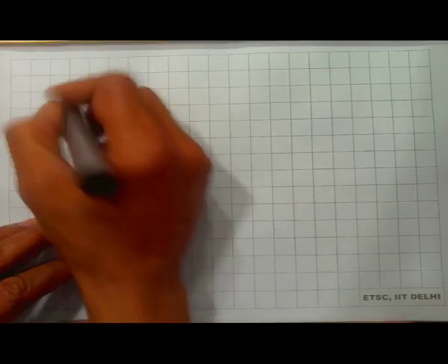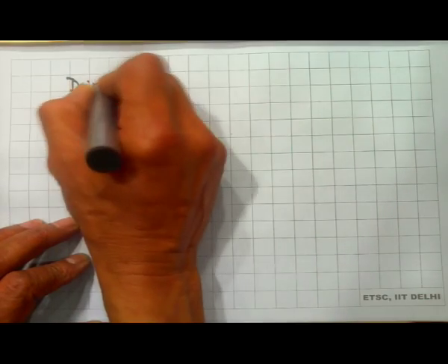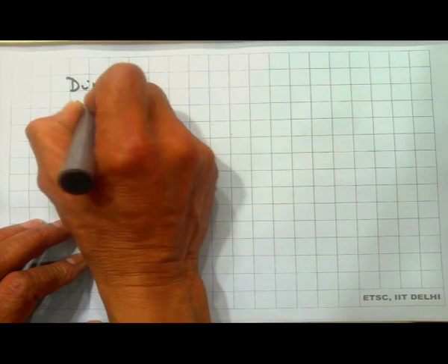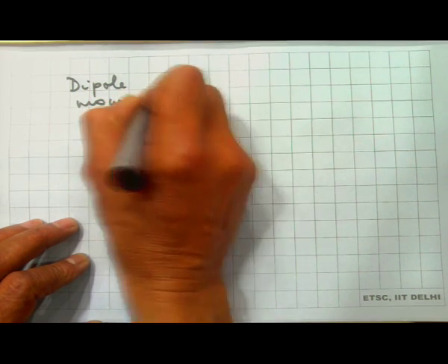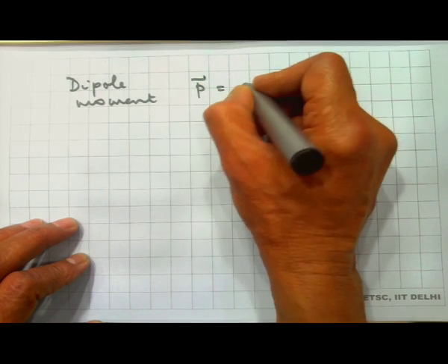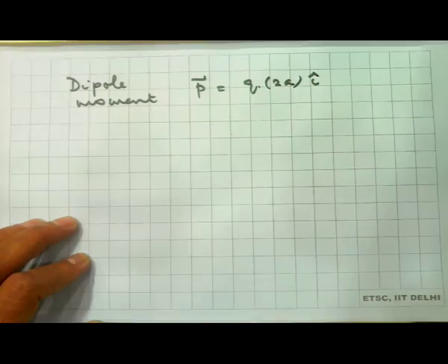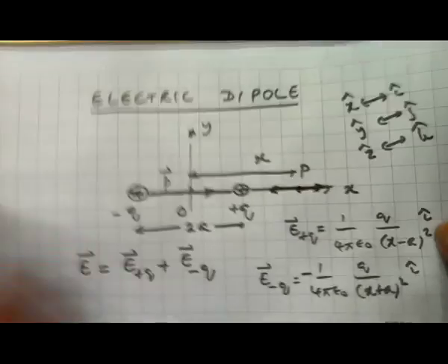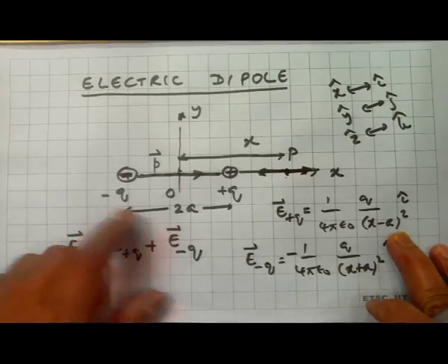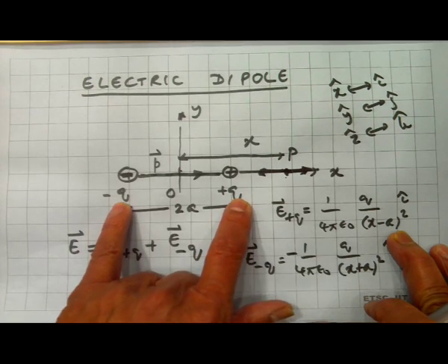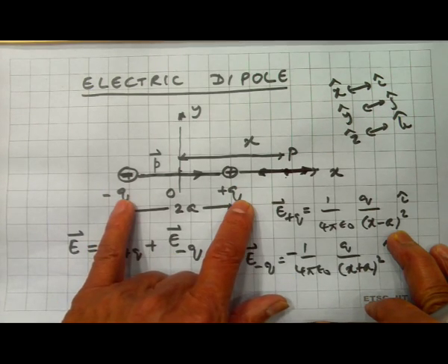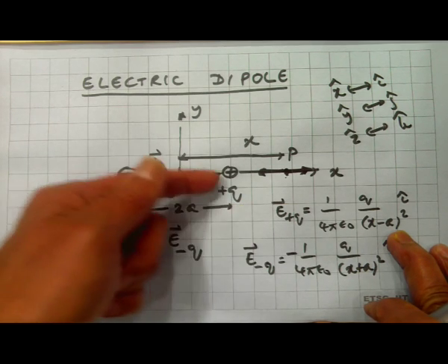So, I define the dipole moment. It is a vector which has a magnitude of charge times the separation between them, and the direction of the dipole moment is from the negative charge to the positive charge.